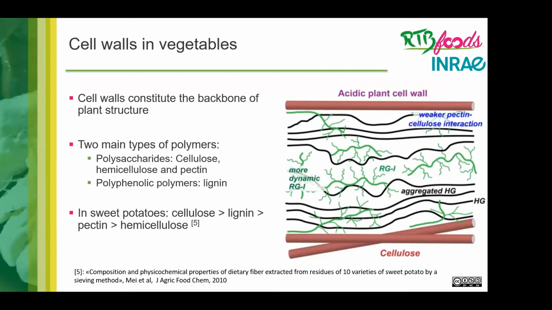With different areas, you see Hg for homogalacturonan, which is linear pectin, and Rg for rhamnogalacturonan, which is more ramified pectin. There can also be polyphenolic polymers like lignin. In yam and in plantain, there's not that much lignin, but we can find it in some RTB foods like sweet potatoes.